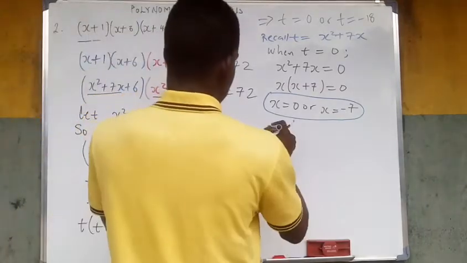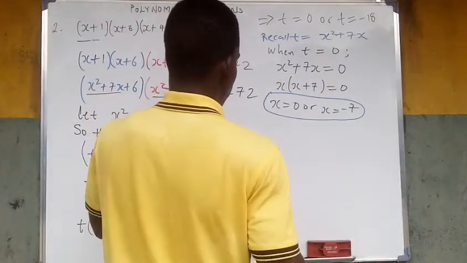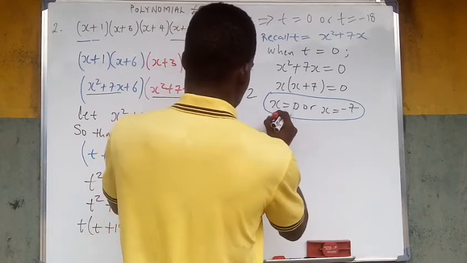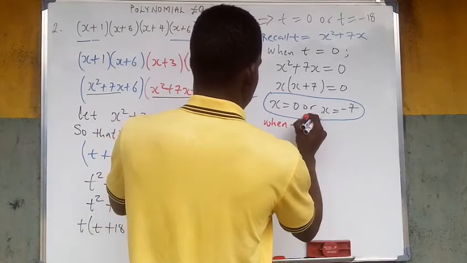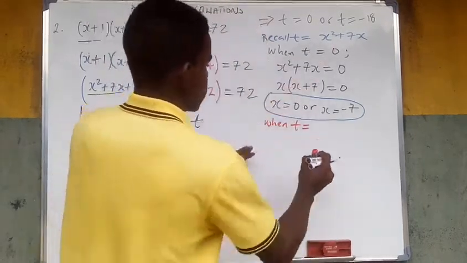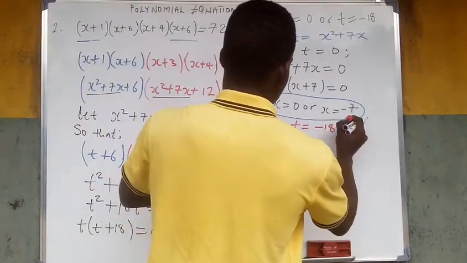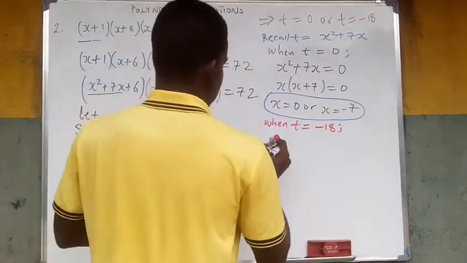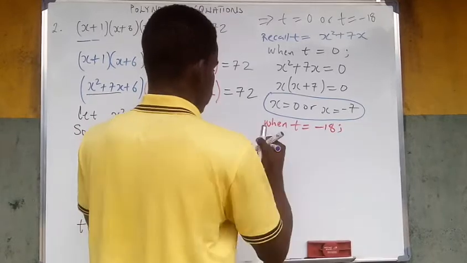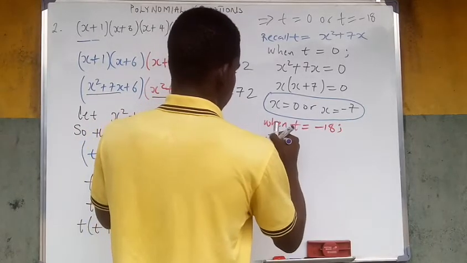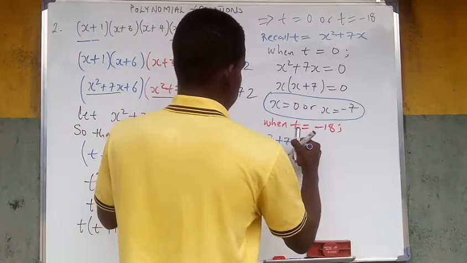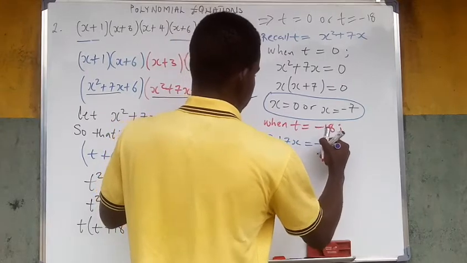Now, when t is negative 18, this means that x squared plus 7x will be equal to negative 18.